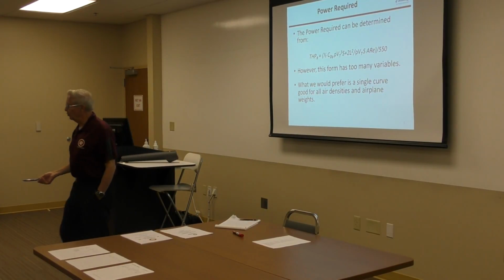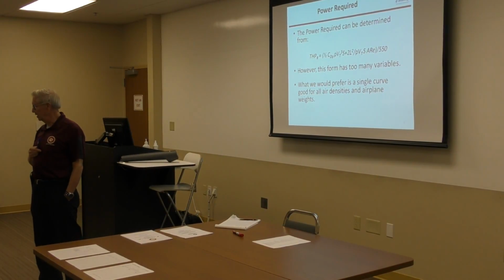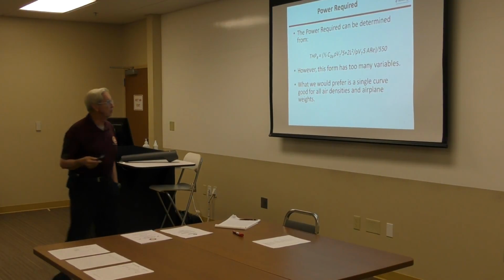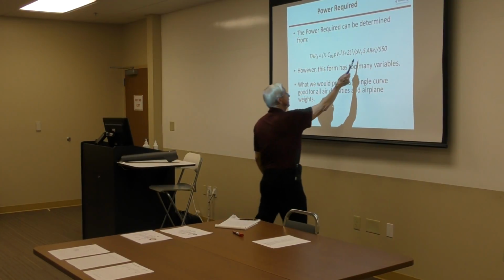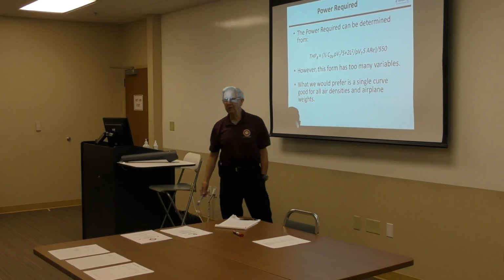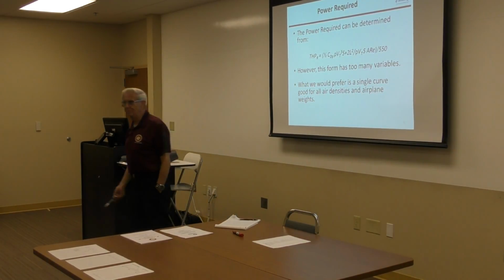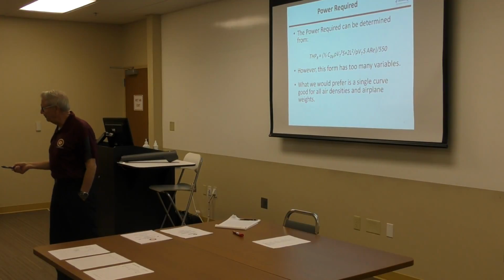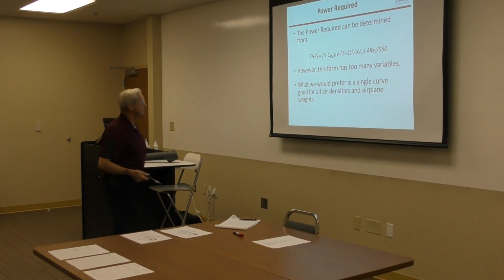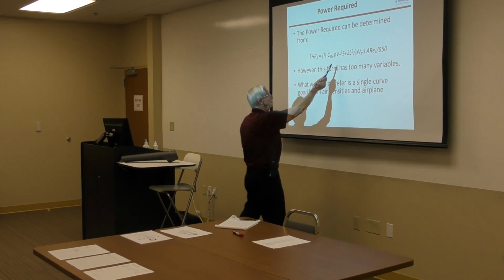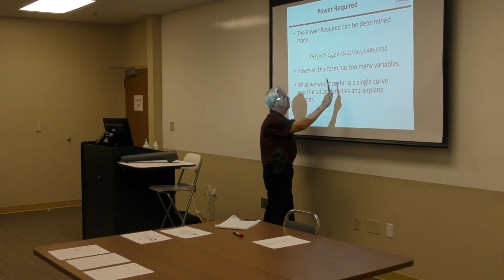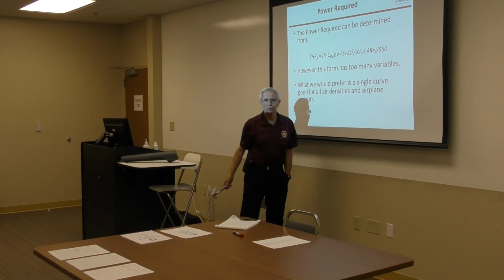Remember, that was a squared term when we were just talking about drag or thrust, right? That was a squared term. And so was this one here. But when we multiply through by power, which is thrust times velocity, that turns that into a cube term, and that into 1 over velocity.